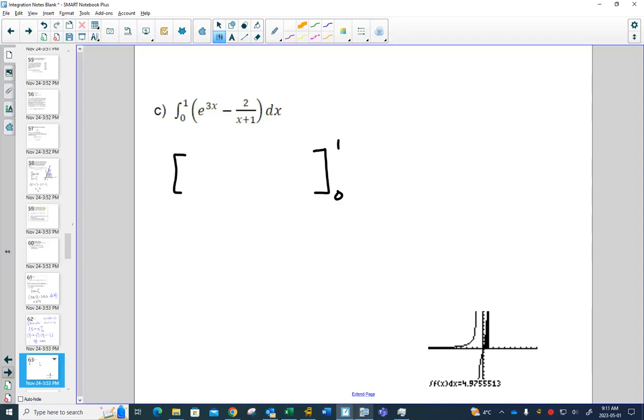Then I'll put up the answer in a second. And you can check how you did. Did you remember to divide by the 3 with the e to the 3x?